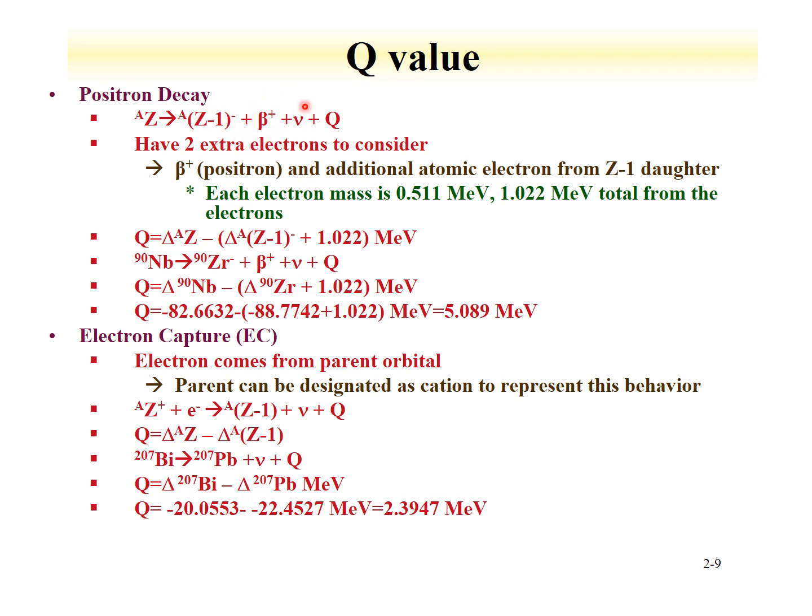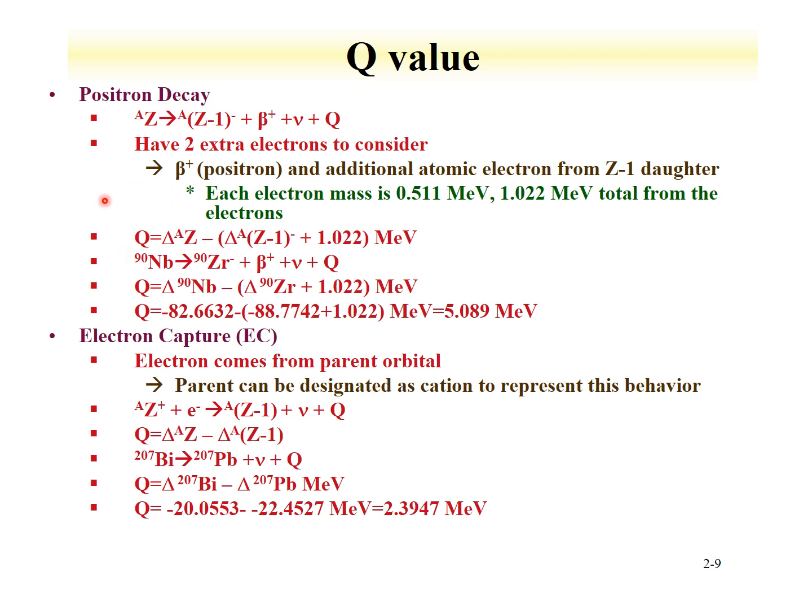This positron that comes out, we'll also treat as an electron. So we have 2 extra electrons to consider: the positron, and an additional electron from the daughter. The mass of each electron is 0.511 MeV. So we need to consider this term, 1.022 MeV total from the electrons.